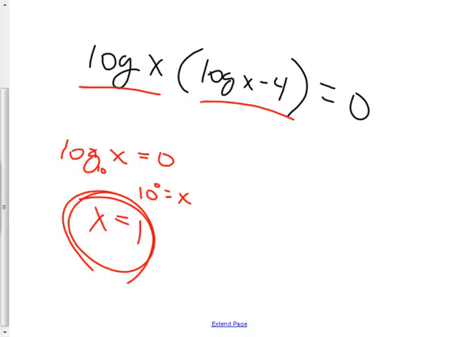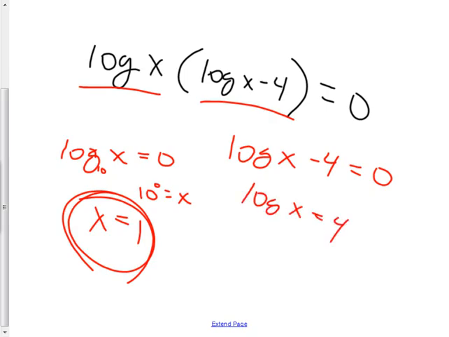Let's look at the other side. Log x minus 4 has to equal 0. Add 4 to both sides. Log x equals 4. Solve that one. Use a calculator if you have to. Stay with me.